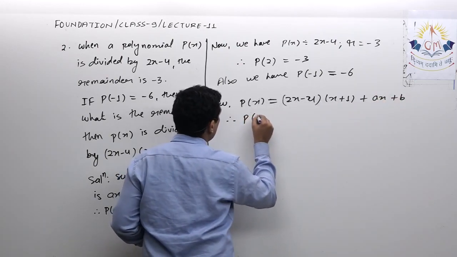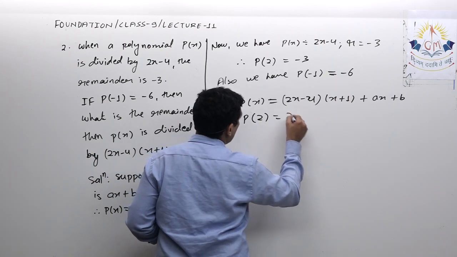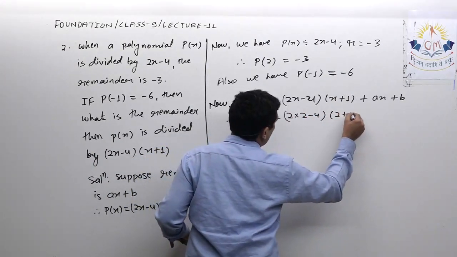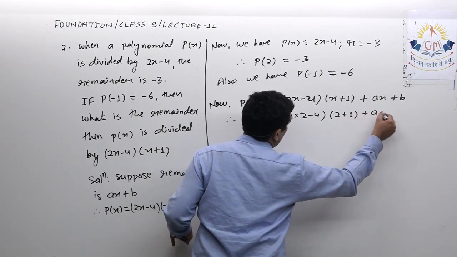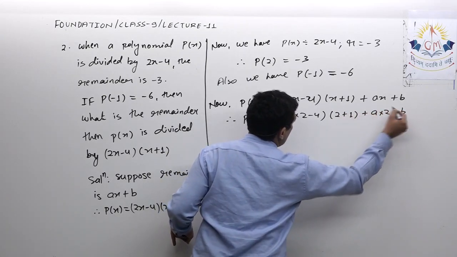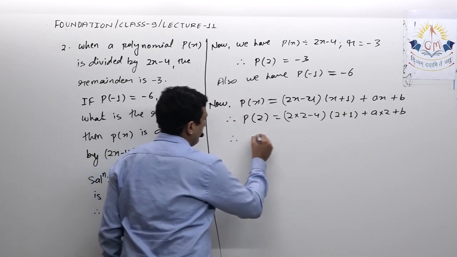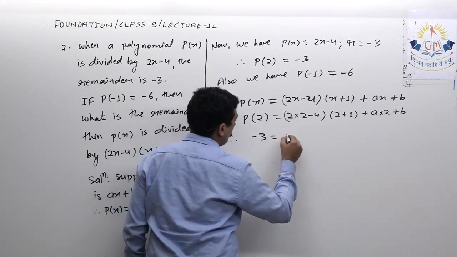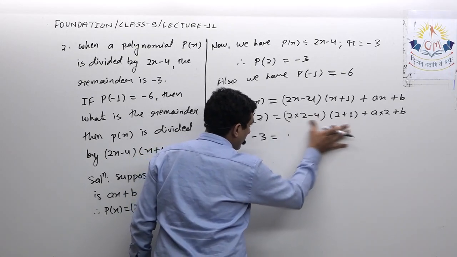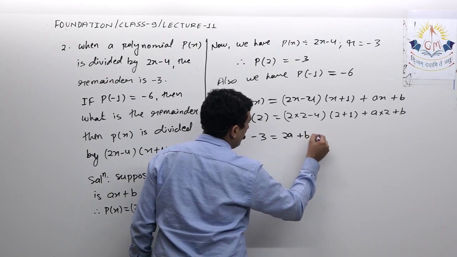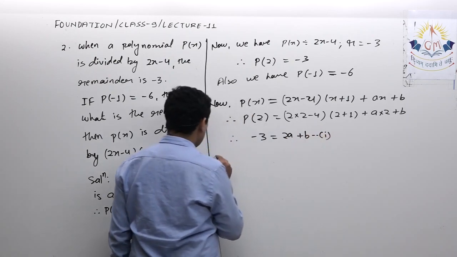Therefore p of 2 is equal to (2 into 2 minus 4)(2 plus 1) plus a into 2 plus b. Now p of 2 is minus 3, so minus 3 is equal to, this term becomes 0, 2a plus b. Let it be equation number 1.